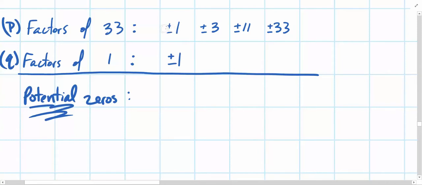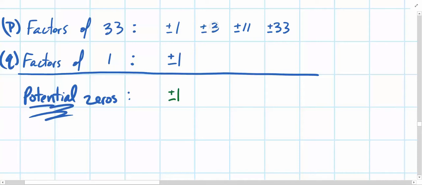So let's first take these factors and divide them by the positive 1. Well, anything divided by 1 is itself, so if I took the positive 1 and divided it by this positive 1, my result would be 1. And if I took the negative 1 from this list and divided by the positive 1 here, well, I'd get a negative 1 as a result. So I know my possible zeros occur at positive and negative 1.